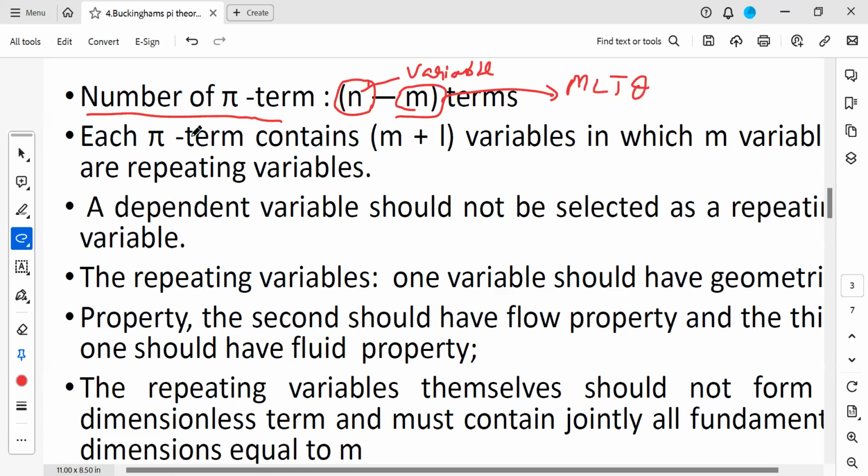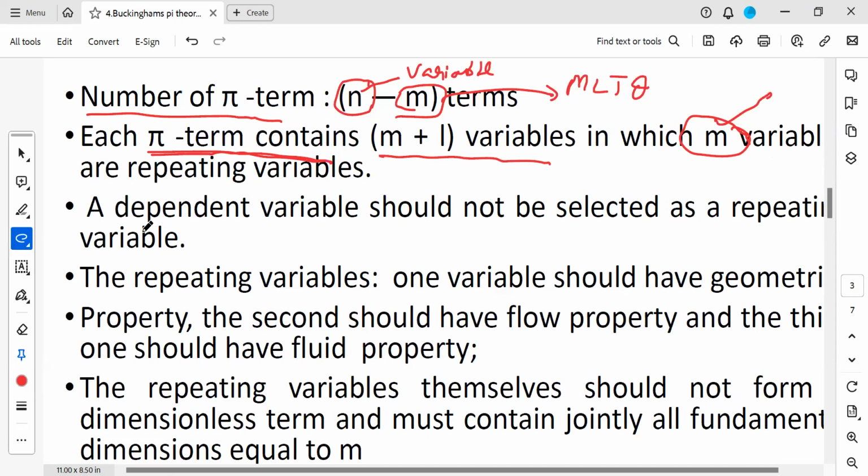Next, each pi term contains m plus one variables, in which m variables will be repeating variables. That means the pi one term, pi two term, pi three term, and so on. If the same m variables appear in all the pi terms, they are called repeating variables.